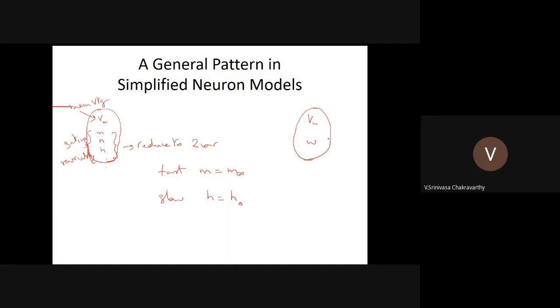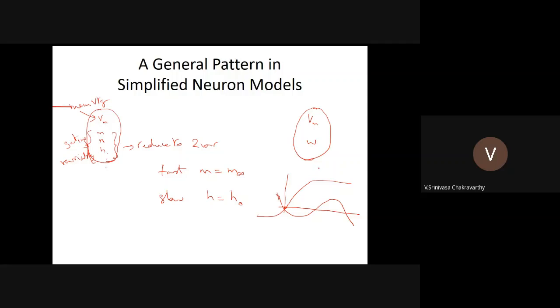All these simplified neuron models that we have created have the same kind of structure. And it's not just the number or the type of variables. The V null line typically has some kind of inverted N-shaped profile, and the other null line has either a straight line or some kind of sigmoidal shape. So that is a common feature, and even with this, there's an immense variety of dynamics that you can produce.